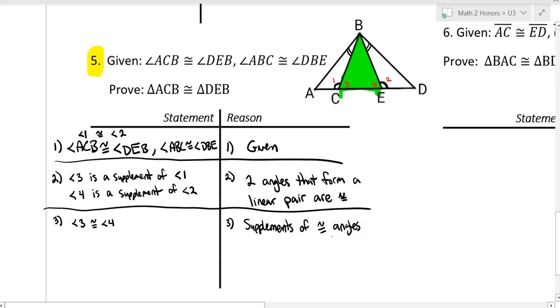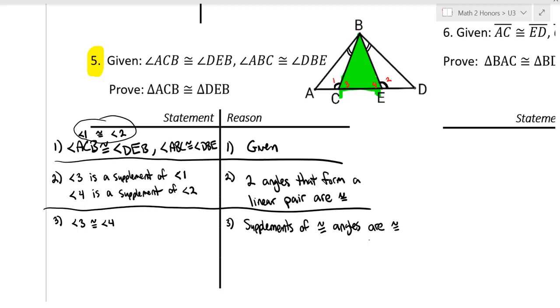Okay, so angle 3 and angle 4 are the supplements, and they're supplements of angle 1 and angle 2. Angle 1 and angle 2 we know are congruent right here in statement 1. So supplements of congruent angles are themselves going to be congruent. Because angle 1 and angle 2 are congruent, and because angle 3 and angle 4 are supplements of those congruent angles, that means that angle 3 and angle 4 are congruent.